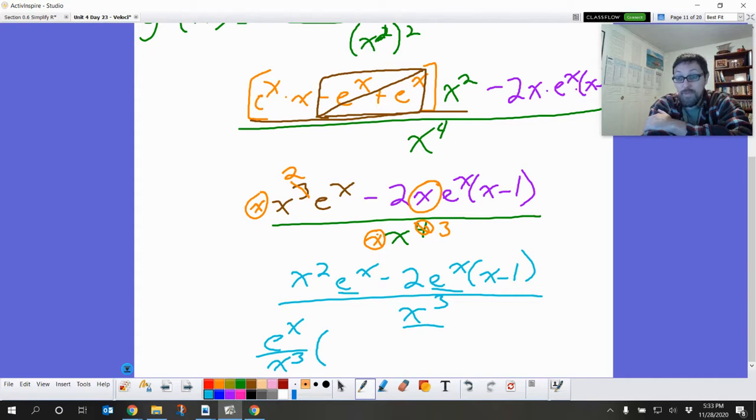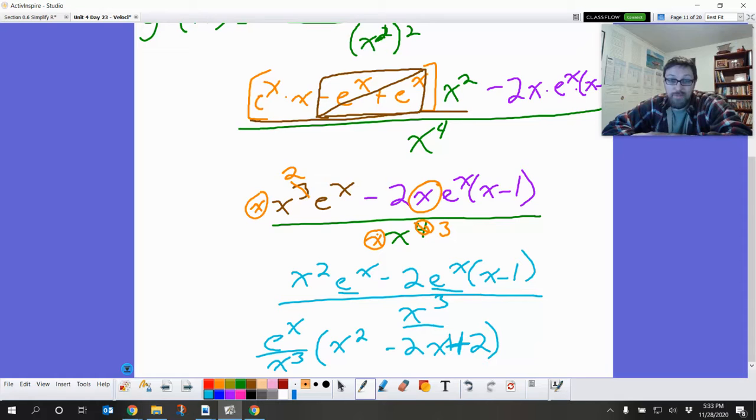And then you're left with some stuff on the inside that you can foil together to make a nice quadratic, plus 2. I don't really know why, but apparently they think that's more simplified. Just be ready to say either answer. If it was a free response question, I would accept either answer. Oftentimes on AP exams, they say your answer does not need to be simplified.